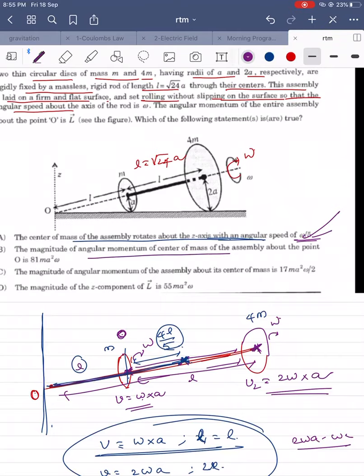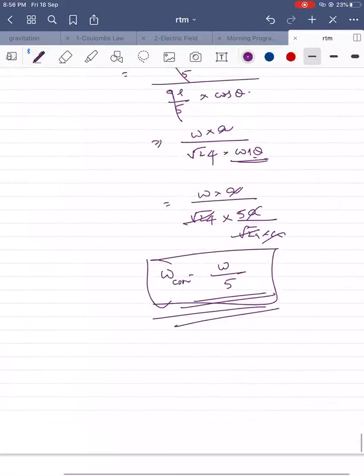Let's see the angular momentum of the center of mass. It's a little lengthy question. Angular momentum of the center of mass of the assembly about a point O. Now we got this arrangement. In this arrangement two objects are there.